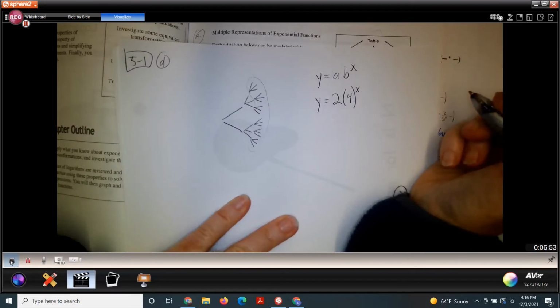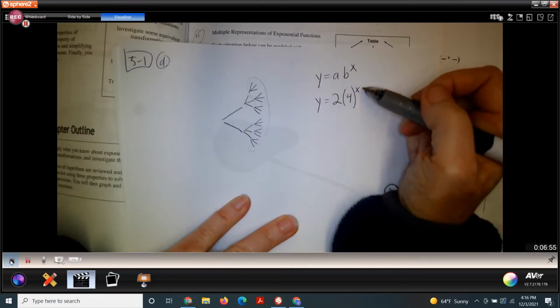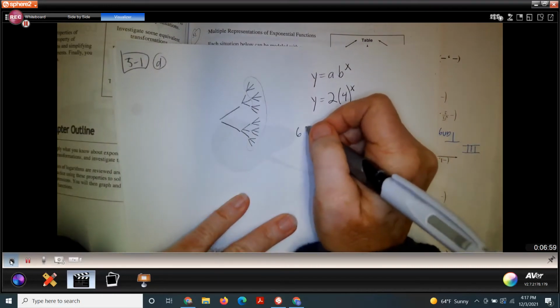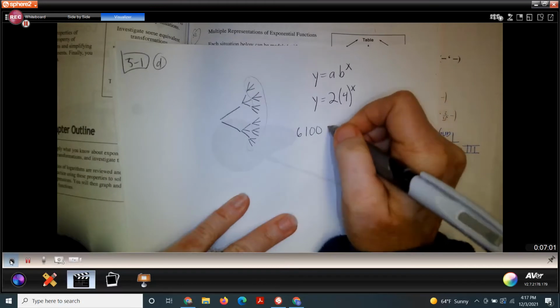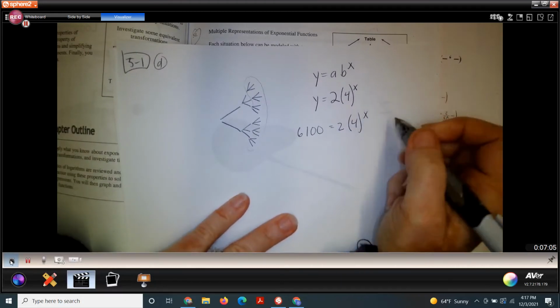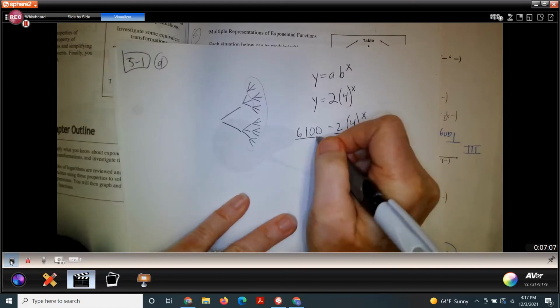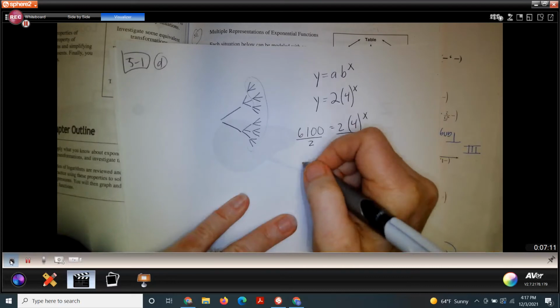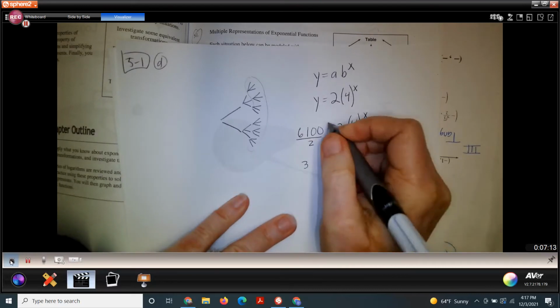Okay, and then I need to know how long is it going to take for 6,100 students to receive their acts of kindness. So I'm just going to do some algebra here. Half of 6,000 is 3,000. Half of 100 is 50.